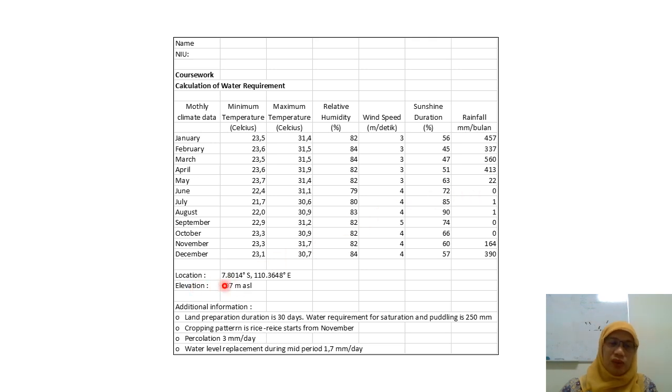In the sheet, you can also find the location, I mean the latitude and longitude, and also the elevation. Another information about land preparation, cropping pattern, percolation, and water replacement is also available in the sheet.